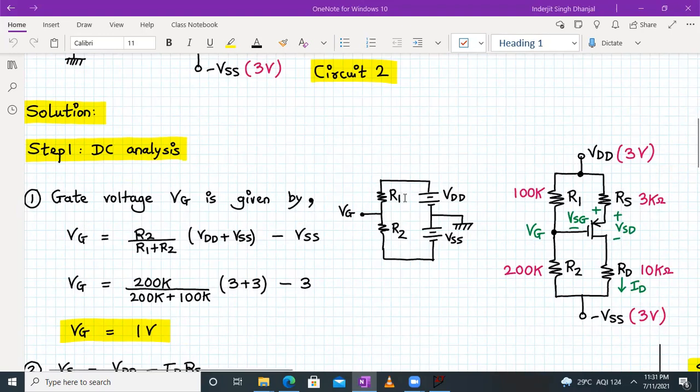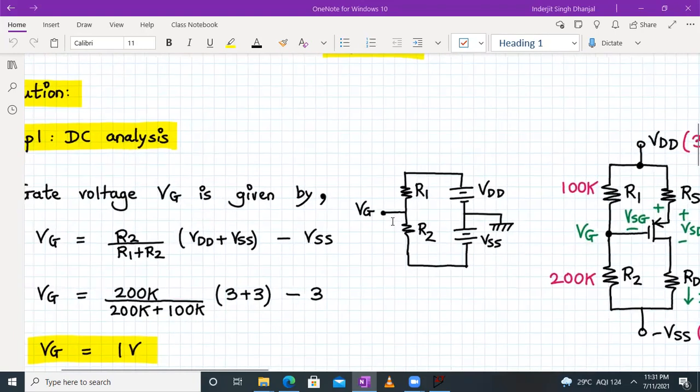One thing to note over here is that we have two power supplies, VDD and minus VSS. So we have redrawn the part wherein the gate terminal, resistors R1 and R2, and the two power supplies are shown along with the common ground.